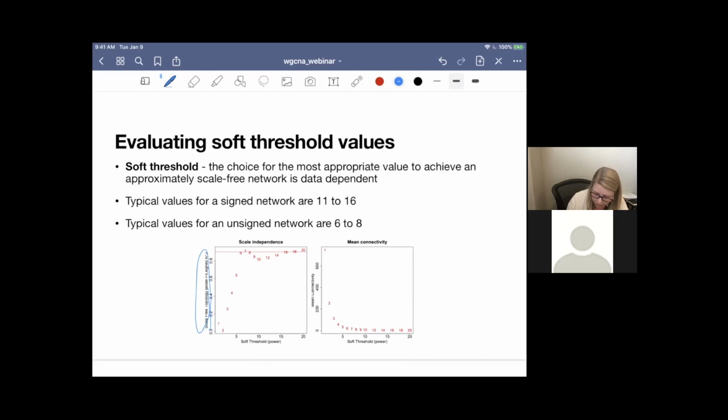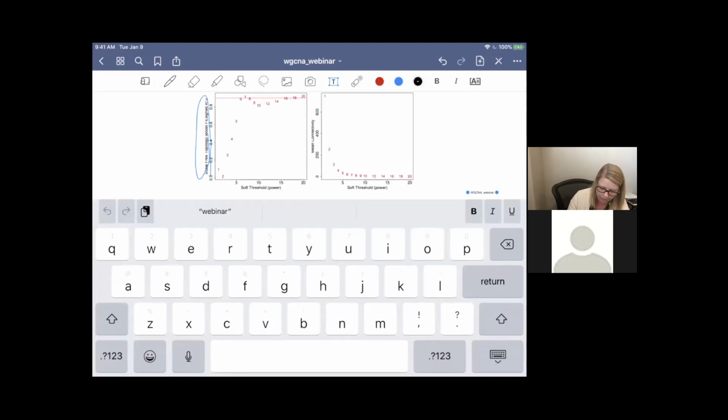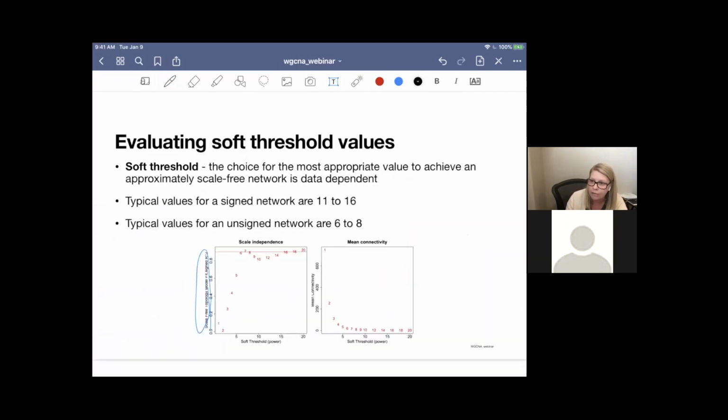The other thing we evaluate is the mean number of connections per gene. We want that mean number of connections to go down because most genes won't have that many connections. In general, the recommendation is an R squared of 0.8 or above, and also looking for an elbow in this distribution.